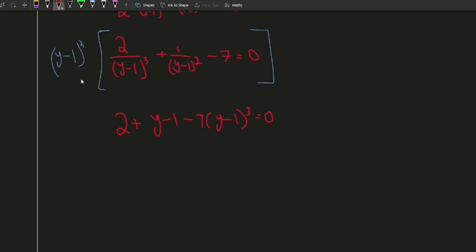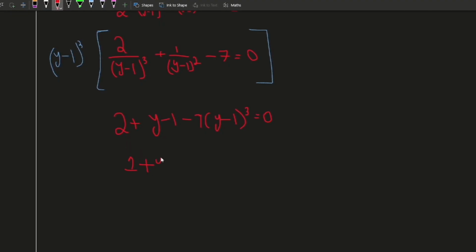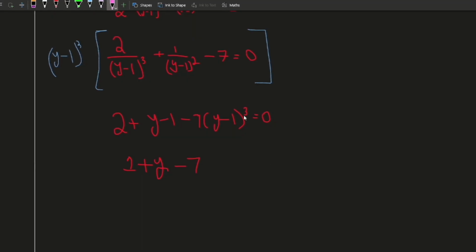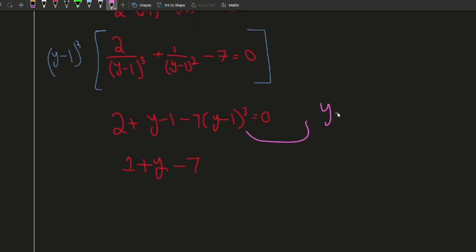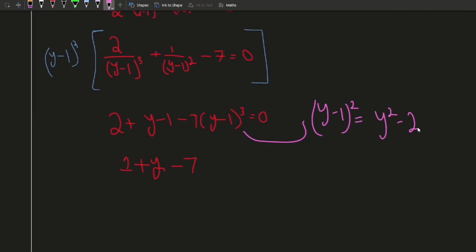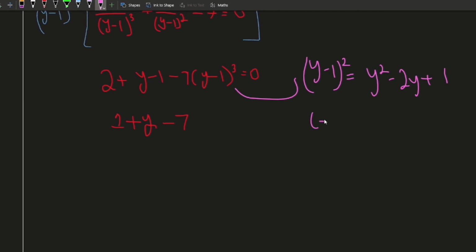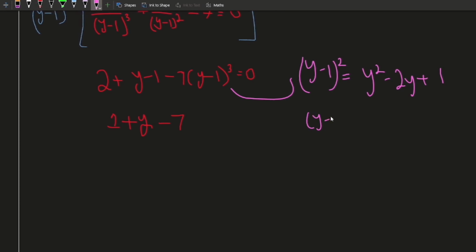Okay, so this will be 1 plus y. Let's expand this, minus 7. Let's expand this over here. So y minus 1 squared is equal to y squared minus 2y plus 1. Okay, so we need y minus 1 cubed.